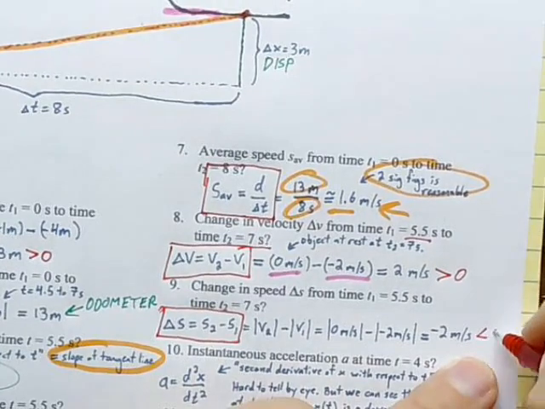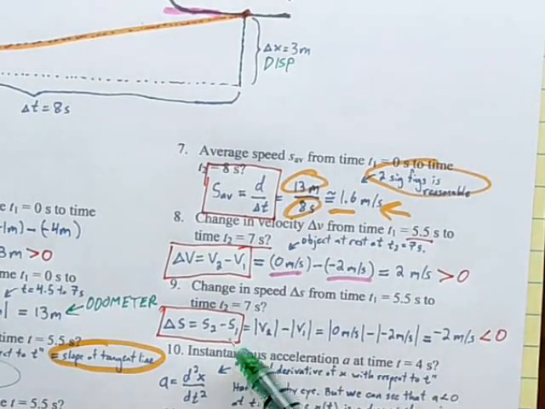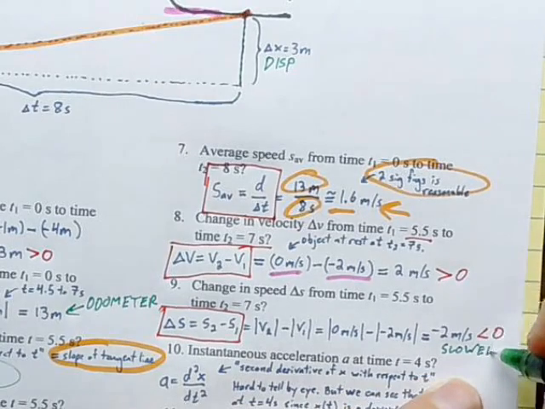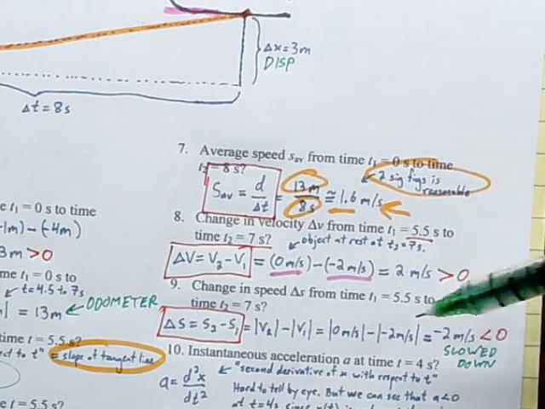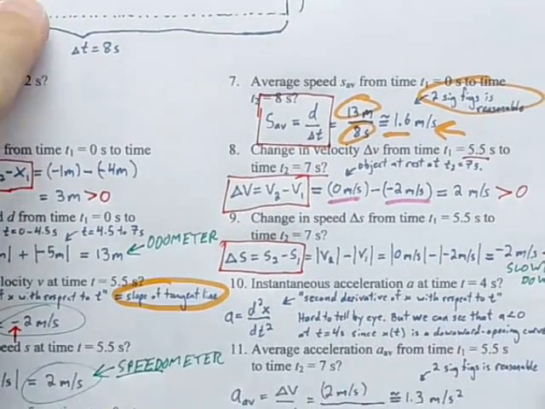Note that's less than 0. So our delta V was positive, but our change in speed was negative, indicating that we slowed down. We started at a speed of 2 and ended up at rest, so we got slower, hence change in speed is negative.